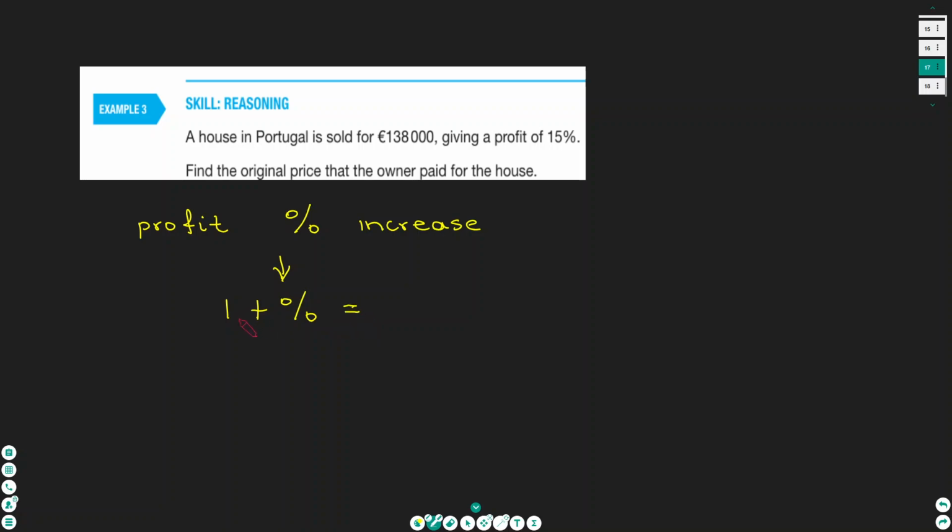So the multiplier will be 1 plus 0.15, which is equal to 1.15. To find the price of the house before the increase, I divide by the multiplier. So I go to 138,000 divided by 1.15, and the value of the house is 120,000.